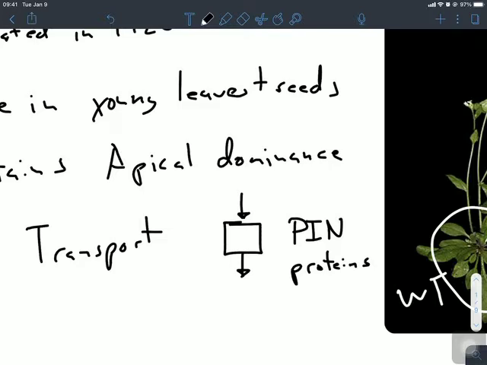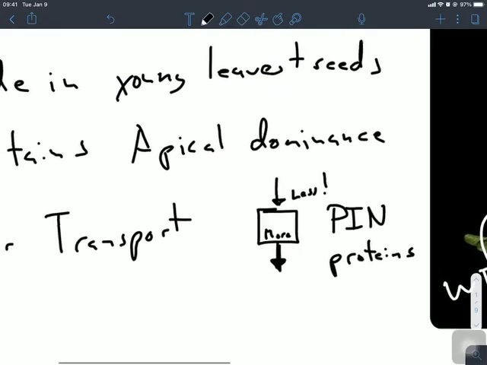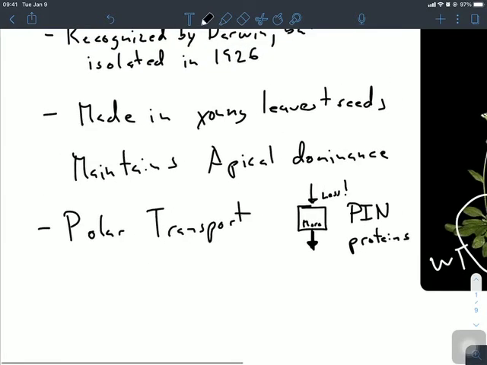And they do so and change the concentration by essentially having more PIN proteins on the side that they're traveling than the side that they're receiving. This means that you will always be trying to transport a lot more PIN proteins in that direction, that acropetal auxin transport.